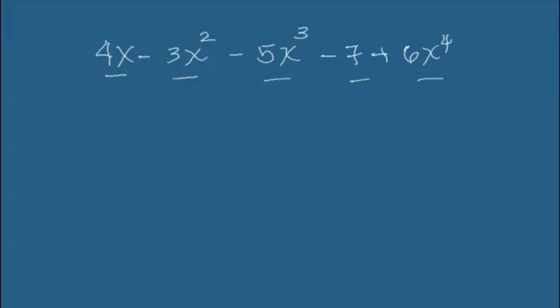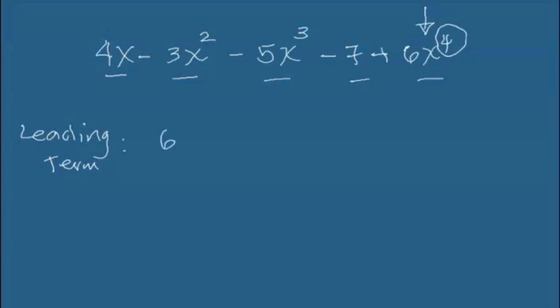So let's identify first the leading term. When we identify the leading term, it contains the variable with the highest exponent. So in this case, this one, because it has the highest exponent of variable x, which is 4.